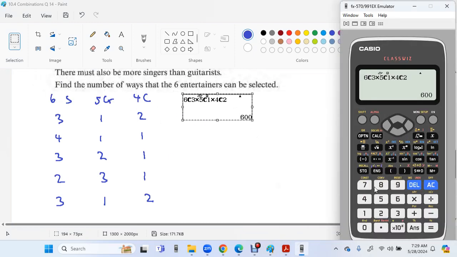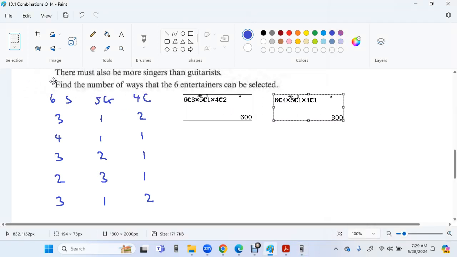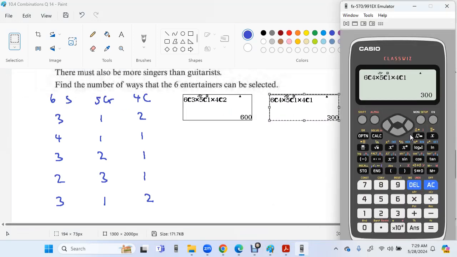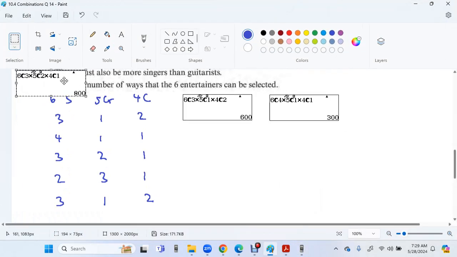Then we have the 4, 1. So we have 6 choose 4, 5 choose 1, and 4 choose 1 also. Then this is 300. And then we have 6 choose 3, 5 choose 2, and 4 choose 1. Then it is 800.